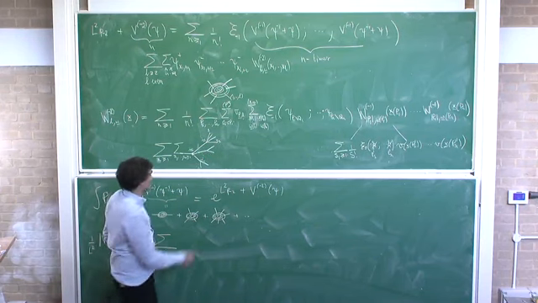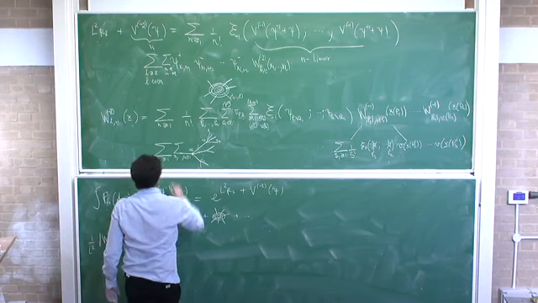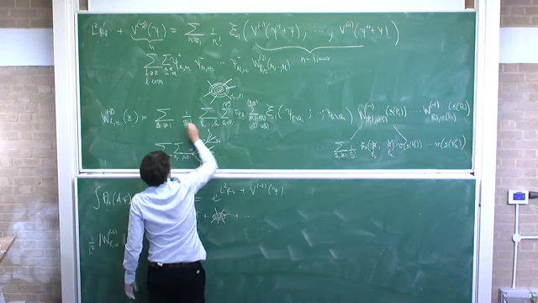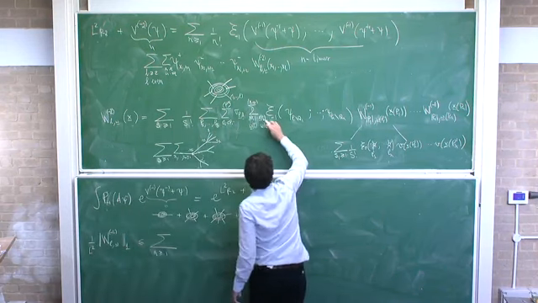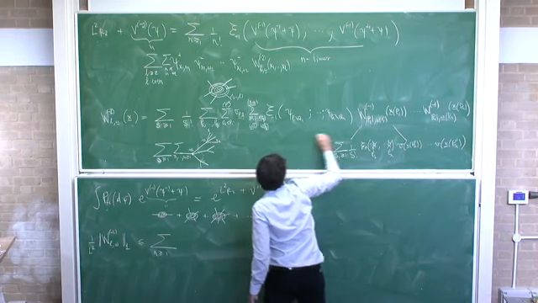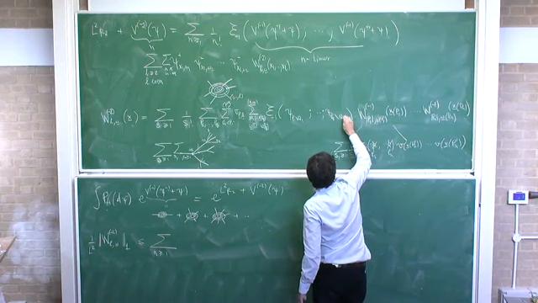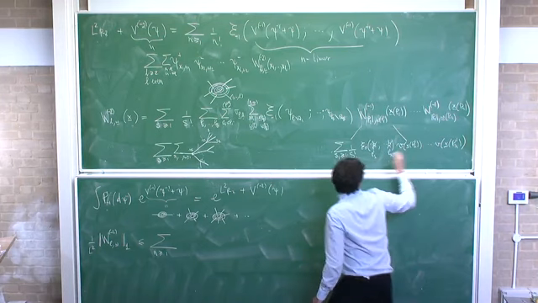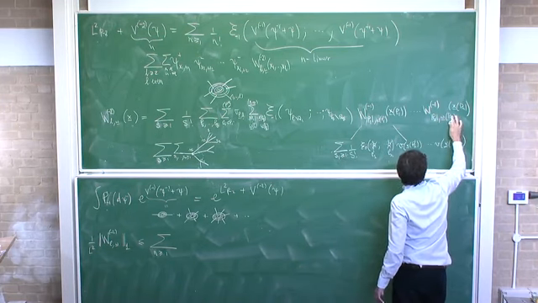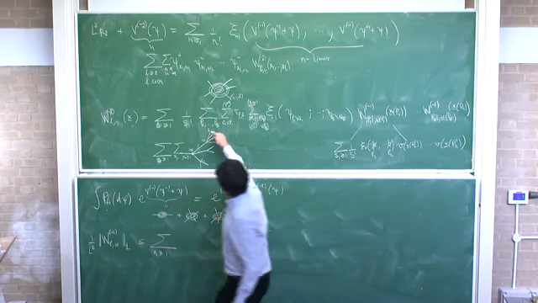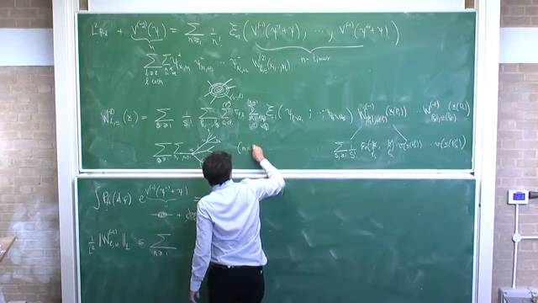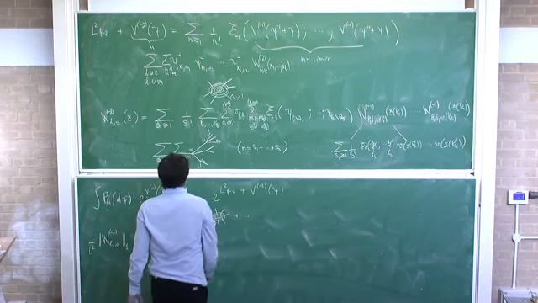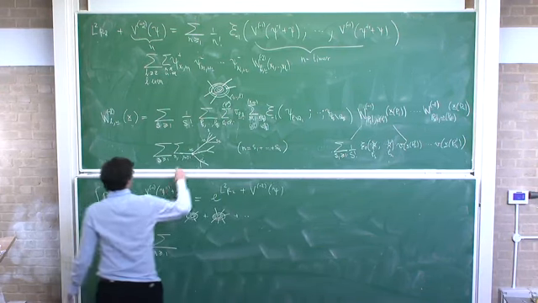So to make the connection, let me do it like this. There is an S, an S1, S, and n is the number. Also, this is not very nice.